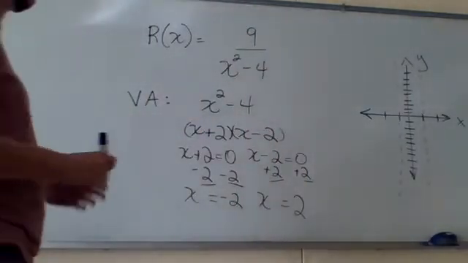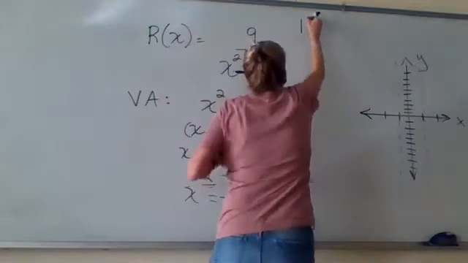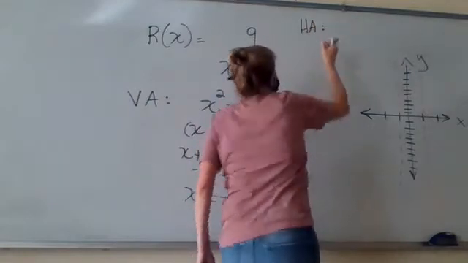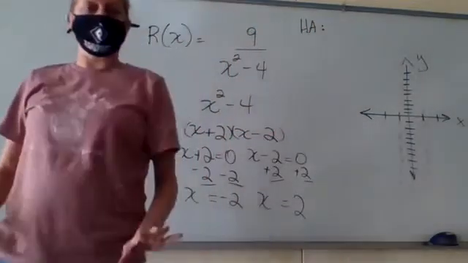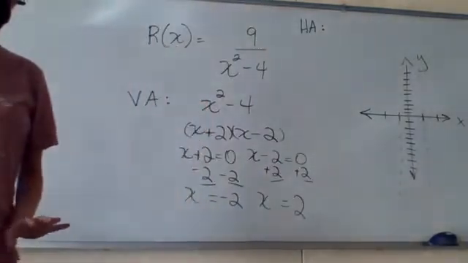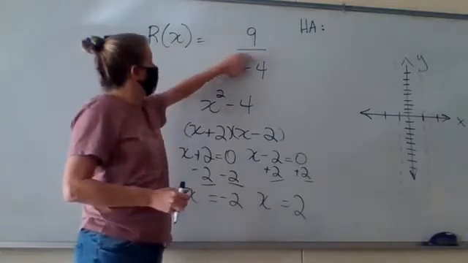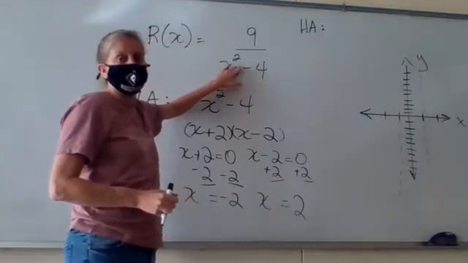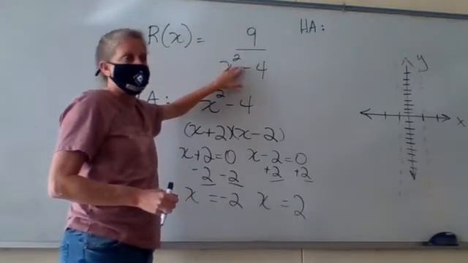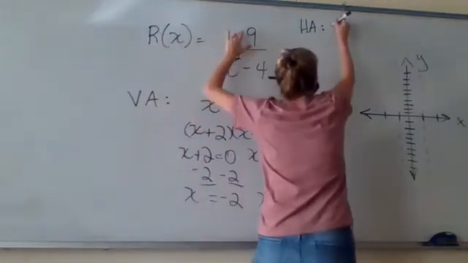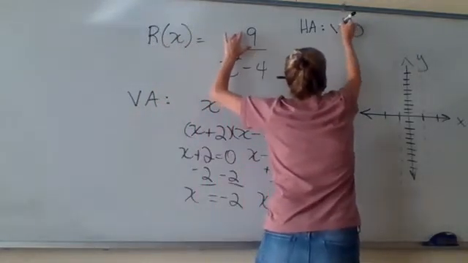Now, the horizontal asymptote. Remember where that comes from. It comes from looking at the degrees of the top and the bottom of your rational function. If the degree of the top is less than the degree of the bottom, like it is in this case, your horizontal asymptote is automatically at y equals 0.